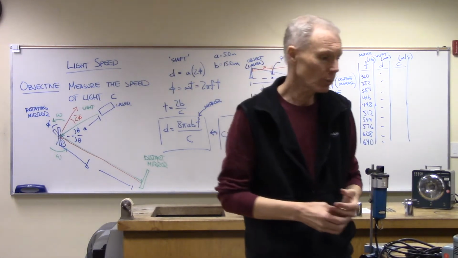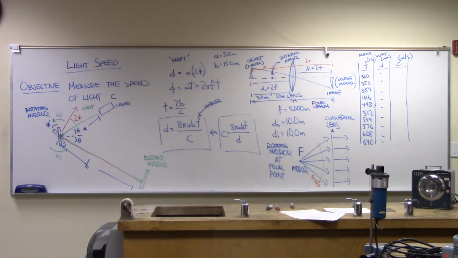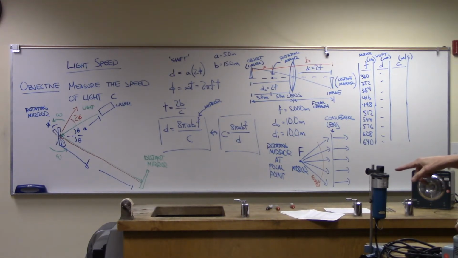But what I did, or what I've done several times over the years, is I've taken the strobe light and little by little, I turn up the speed of the mirror. And when the strobe light frequency matches the mirror frequency, it makes the mirror look like it's standing still. So I can start at no rotational speed at all. And then what I can do with the strobe light is one at a time, I can go up through different frequencies.